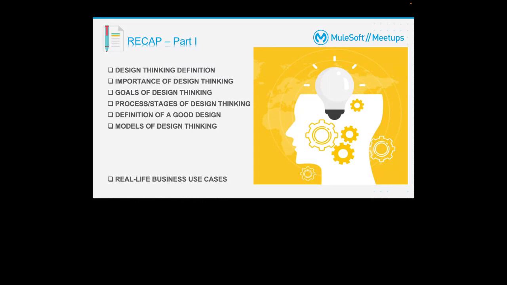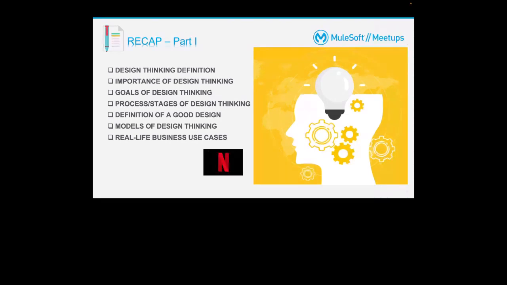Later, at the last stage, we discussed some real life business use cases, how their design vision changed the way the company grew and disrupted the market. We discussed examples like Netflix, Apple, and Tesla.